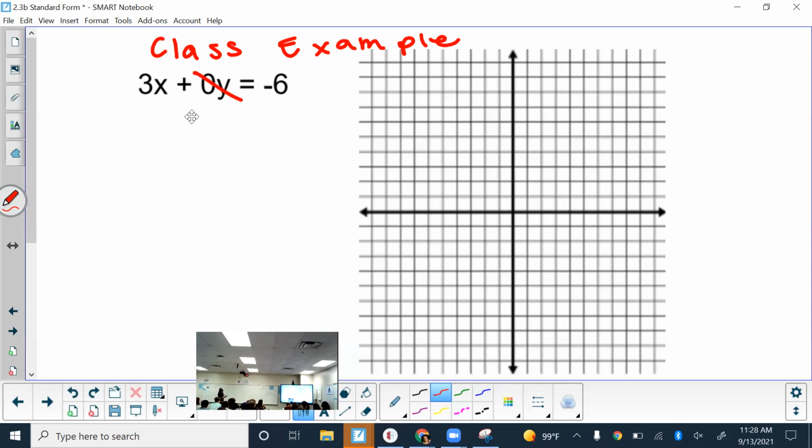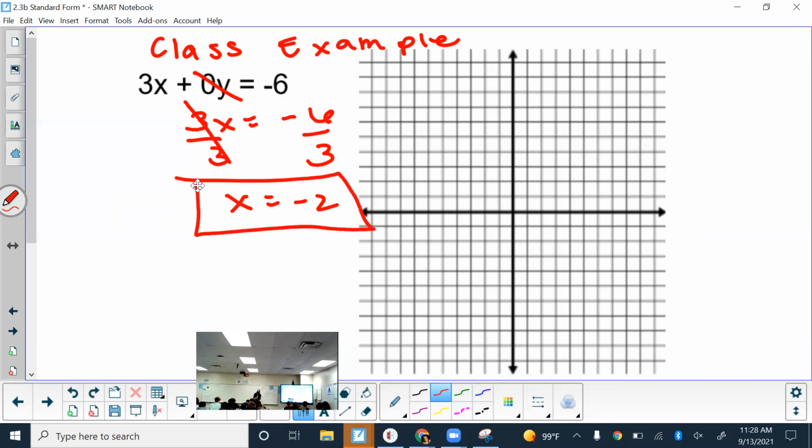So I have 3x plus 0, which is 3x, equal to -6. So when that happens, obviously there's no y to isolate. So let's just isolate the only other variable that remains. How do I get the x by itself? Divide by 3. So do that on each side, and x is equal to -2. So now we have to graph an equation that looks like this.